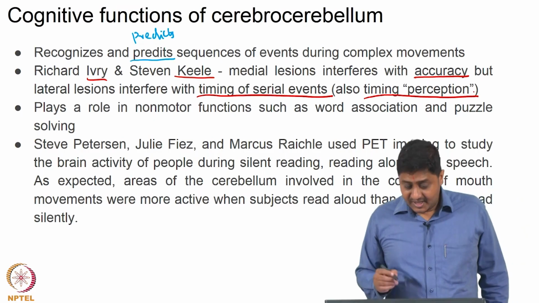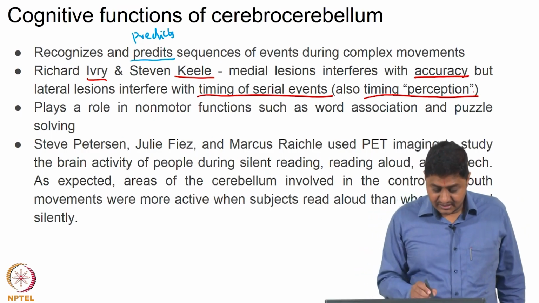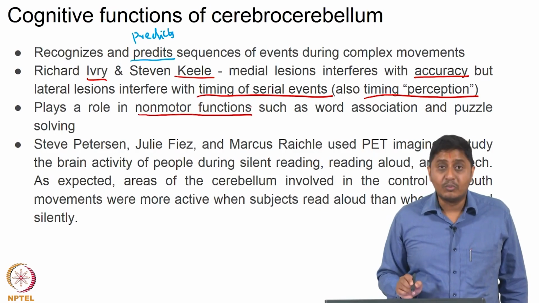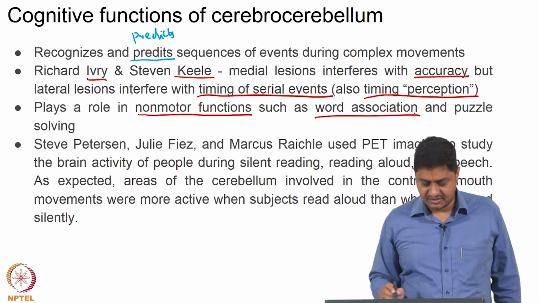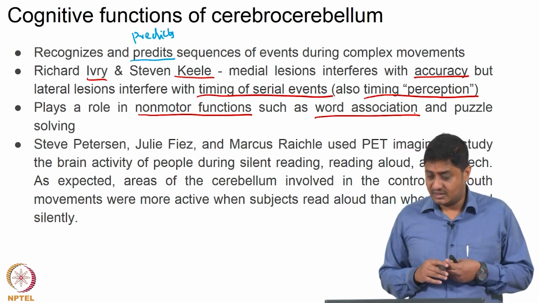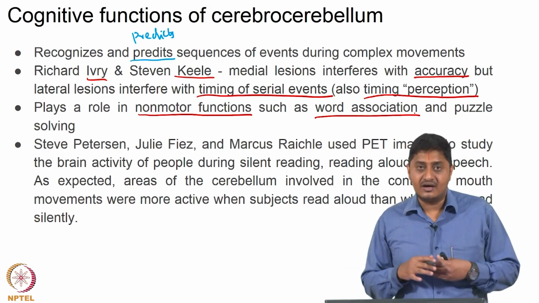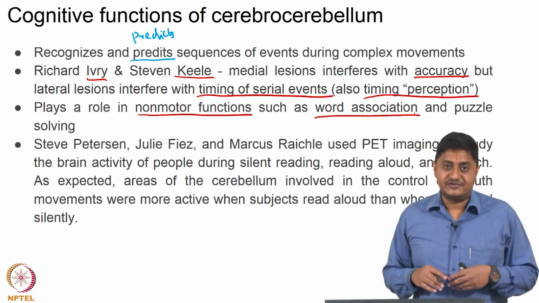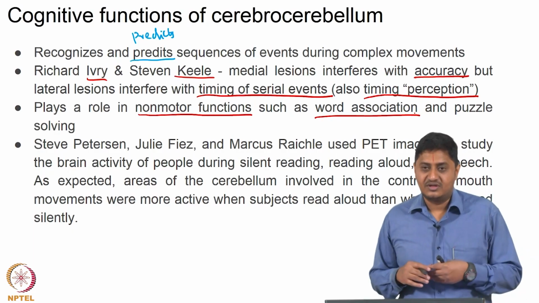Also, it is believed that the cerebrocerebellum plays an important role in non-motor functions such as word association and puzzle solving. For example, whenever I say a noun, you are supposed to say a verb that is associated with that noun. Say, if I say cat, you are supposed to say meows.